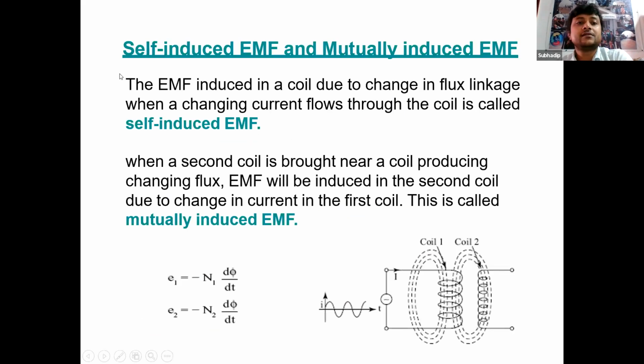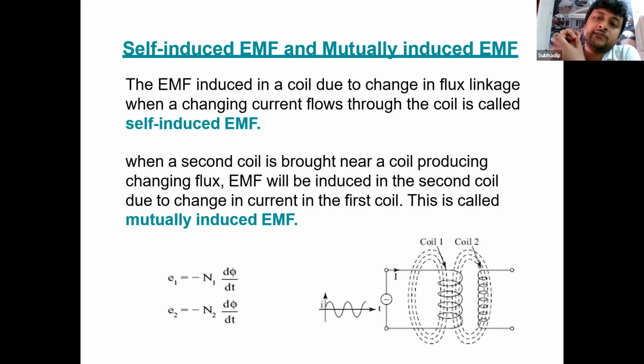Now, self-induced EMF and mutually induced EMF. Self means that voltage is generated, or EMF induced, within the self flux. Say a coil is there and flux is created. That flux is linked only with its own coil.